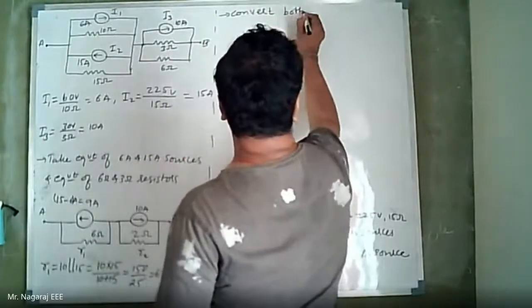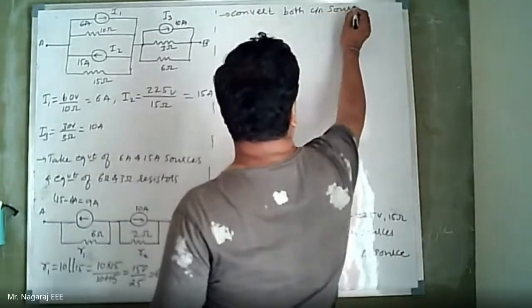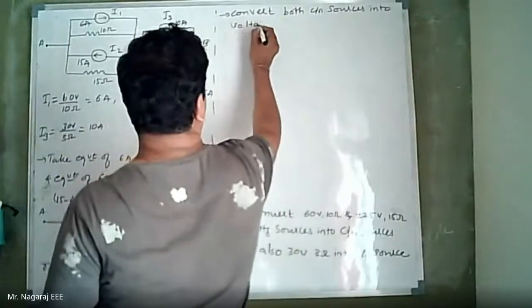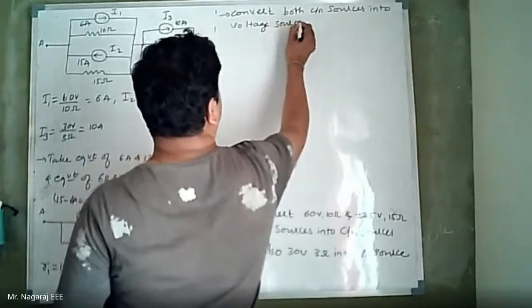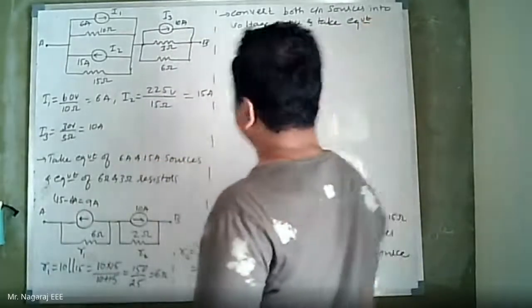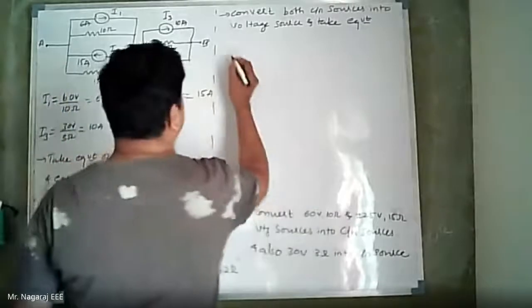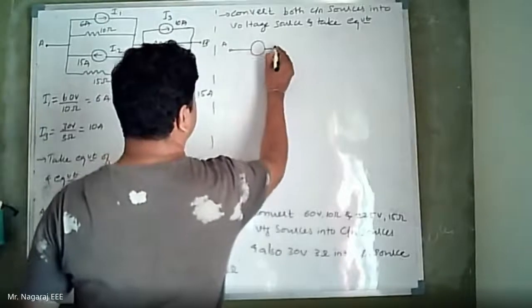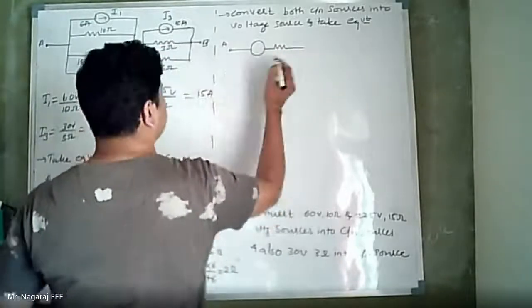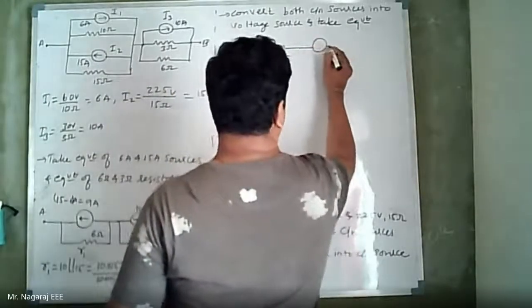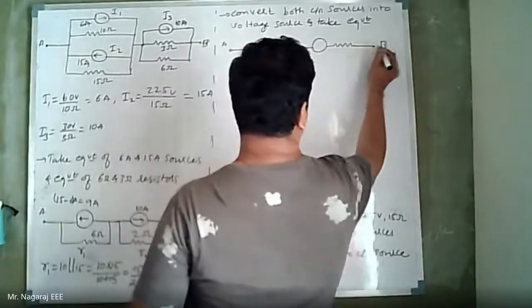Convert both current sources into voltage source and take equivalent, because two voltage sources now come in series. So at terminal A, I have a voltage source in series with 6 ohms. I have another voltage source in series with 2 ohms.